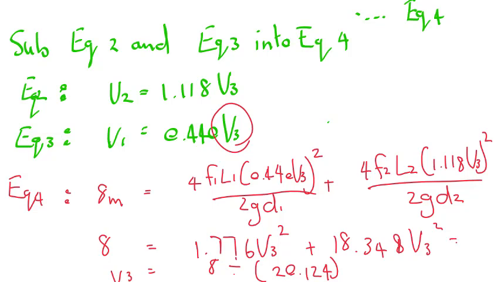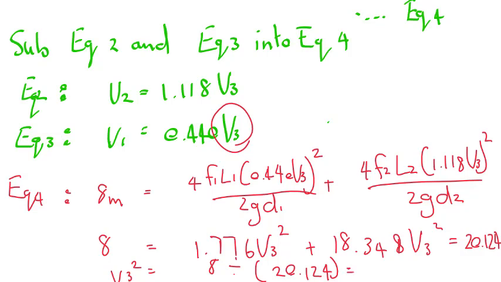So this would have been 20.124 V3 squared. Okay. So then if we take 8 divided by the 20, we end up with V3 squared equals this.